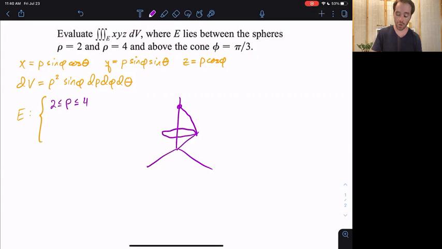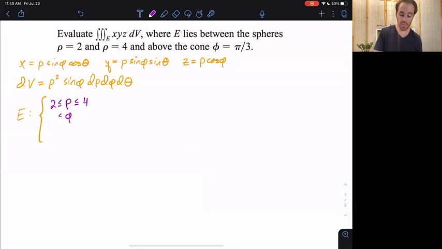That's why this is called a cone, because at this point you have this line that goes through an angle of pi over 3. So you're going to be integrating as phi goes from 0, that's on the positive z-axis, up until pi over 3. That's as it tilts downwards.